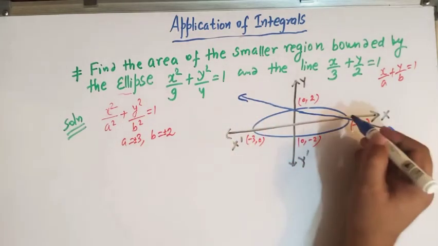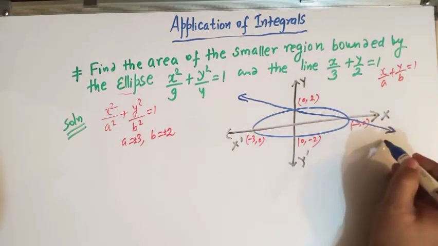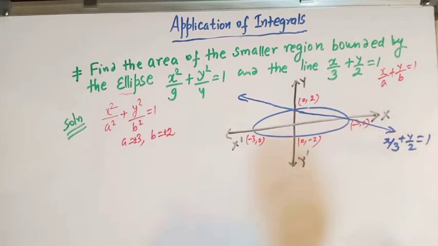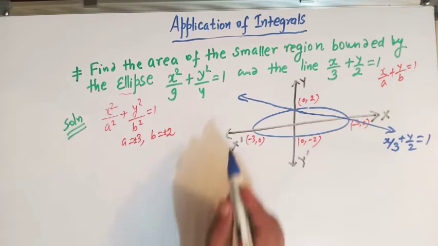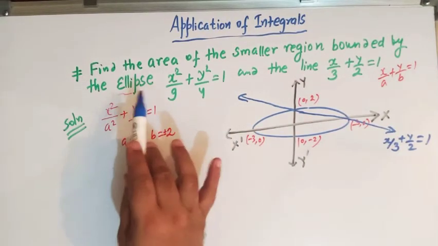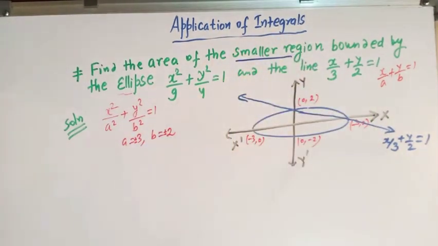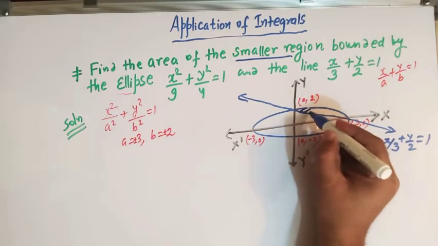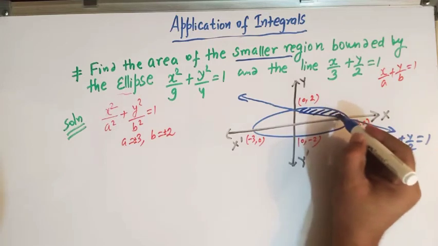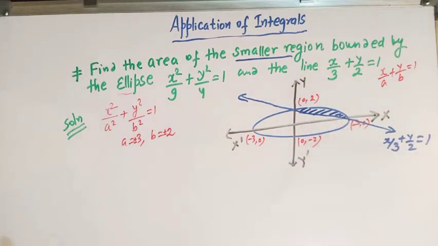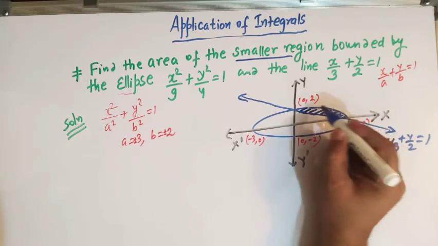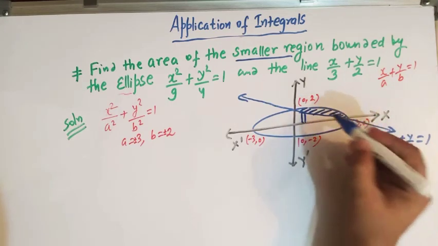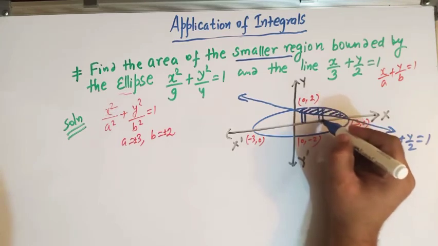So this is the line x by 3 plus y by 2 equal to 1. And now we have to find the area of the smaller region, right? Now it means we have to find this area, this shaded area. Now for this what we will do, we will take 2 strips. One strip is like this and other strip is like this, right?